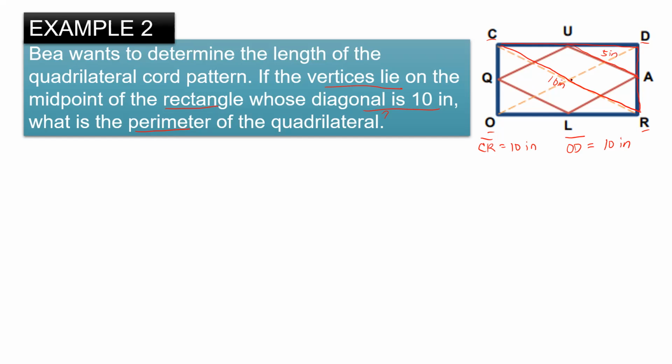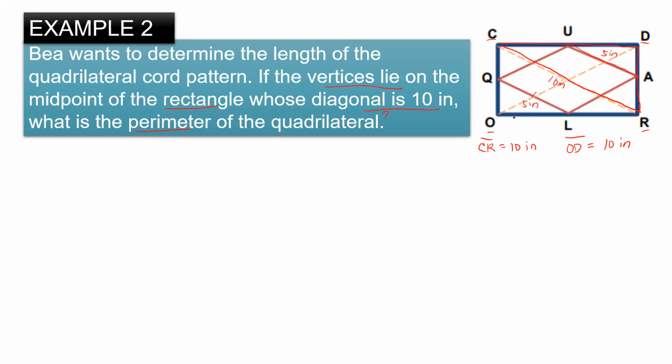And for the previous theorems we have discussed, the opposite sides are congruent, meaning if UA is equal to 5 inches, then the measurement of QL is also equal to 5 inches.